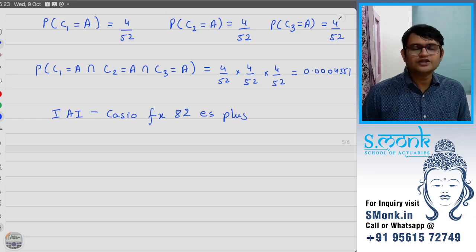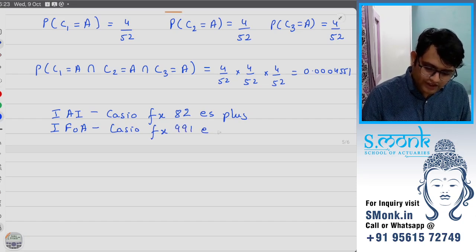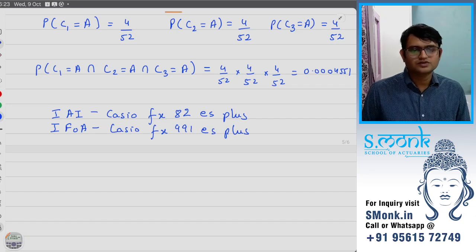This is the calculator that you are going to buy if you are giving the paper from IAI. If you are giving the paper from IFOA, then you should buy Casio FX 991 ES Plus. These are the scientific calculators that we are going to use.